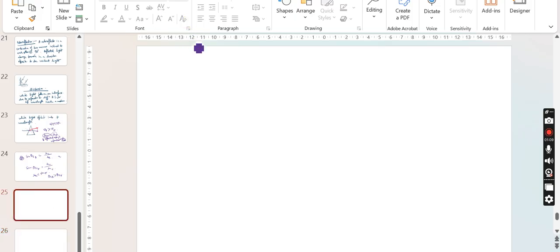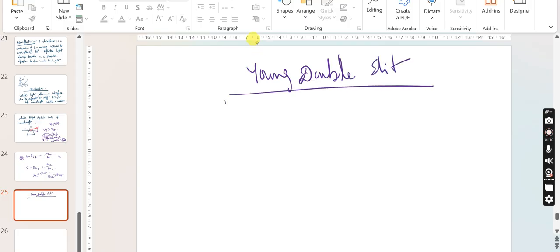The professor has dived into Young's double slit experiment, which proves the wave nature of light. The professor has already given the background of this experiment, and he has not finished his discussion.